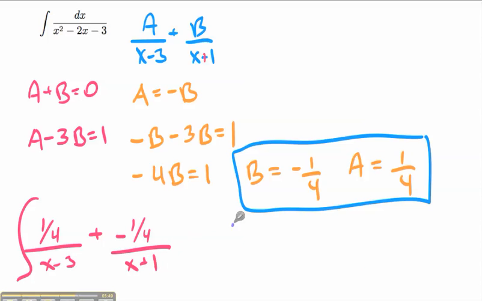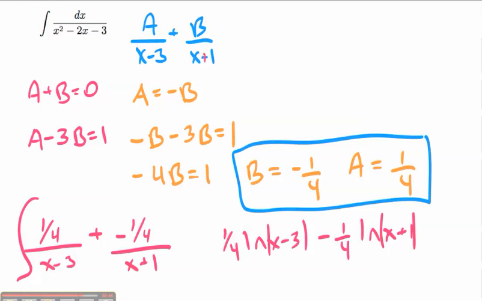We're going to integrate each one of these separately. We could pull out the constant and integrate. Let's do the first one. It's going to be 1 over 4 ln of the absolute value of x minus 3. Now for the next one, we're going to pull out the constant, which is minus a quarter, and integrate 1 over x plus 1, which comes out to be ln of x plus 1.